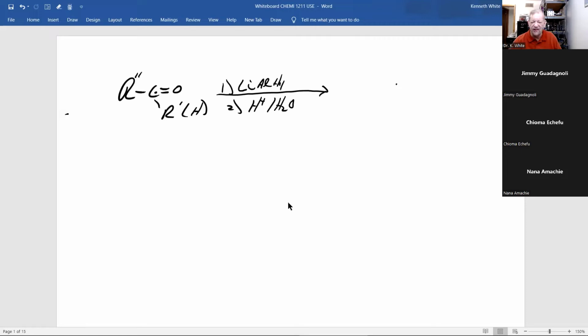It's the same as hydrogenation. What's attached to the carbonyl carbon? Remember, the carbonyl carbon is the carbon double bonded to oxygen. It's still attached, but you break the pi bond between the carbon and oxygen, and each one gets a hydrogen. So let's try it out.